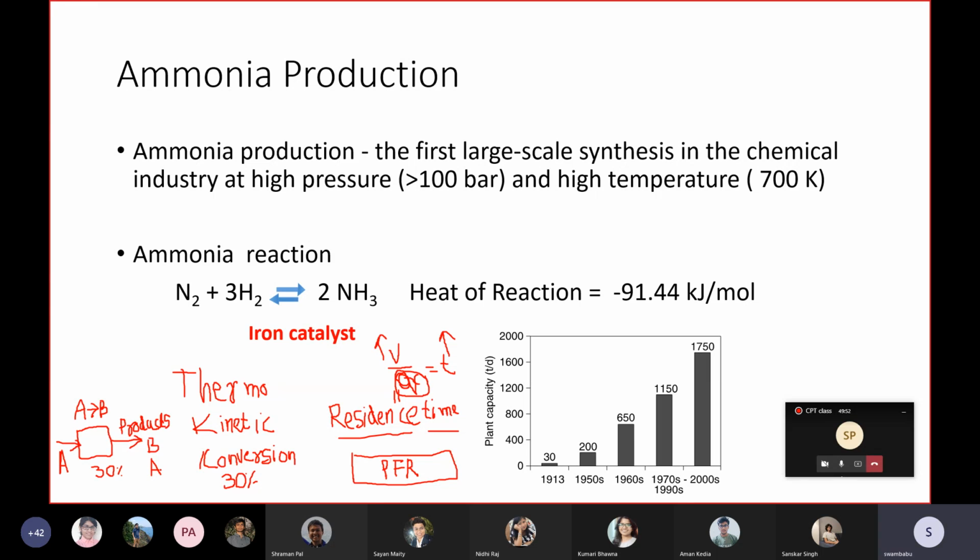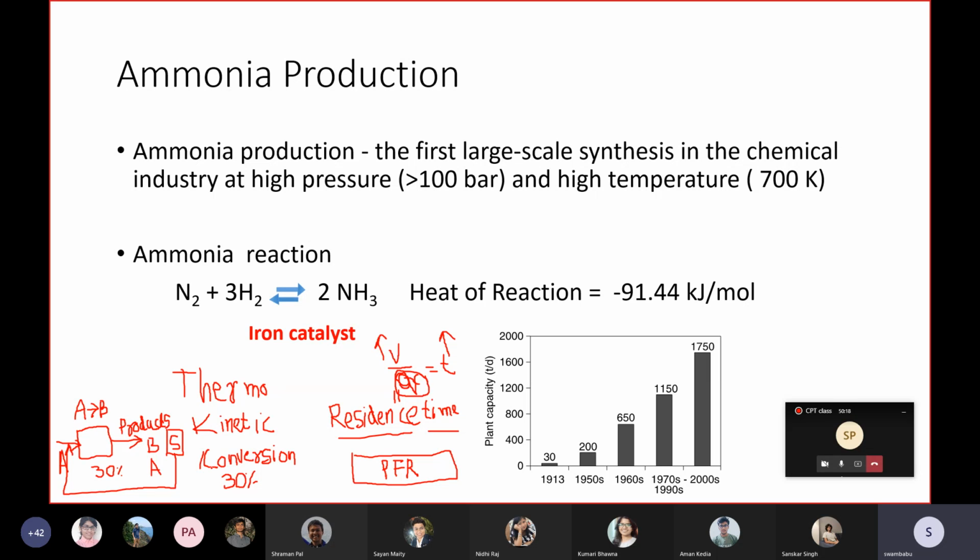So if the conversion is less than 100%, what we need to do immediately after the reaction is separate the reactant. That means there must be a separator and the reactant needs to be recycled. To get this information, we need to know the conversion.